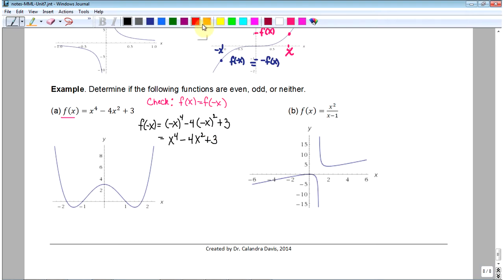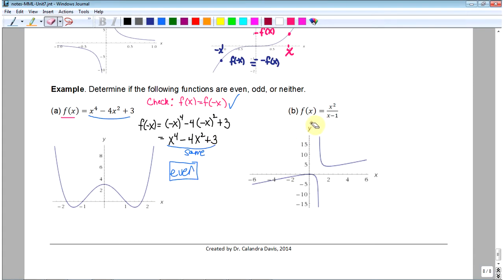So notice that we end up with the same quantity. So therefore, since these two things are equal, this is an even function. Even if we didn't have the graph, we could have worked through this and determined that it was even.